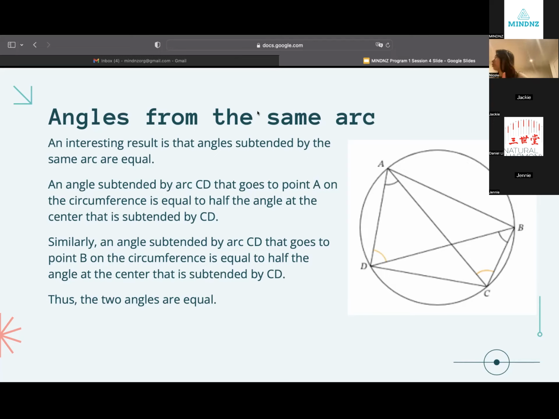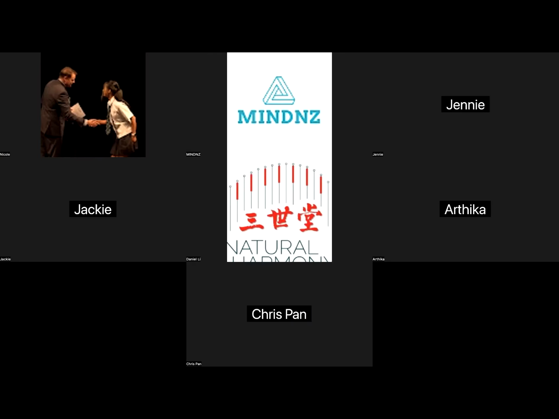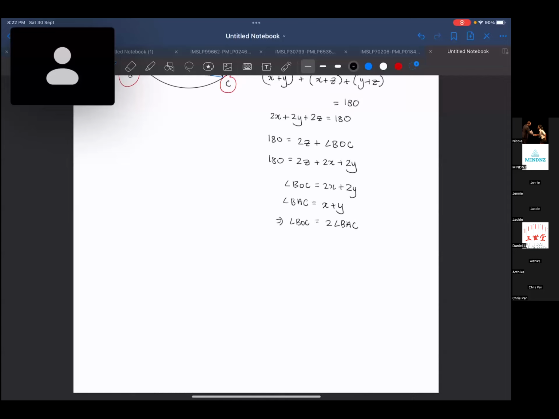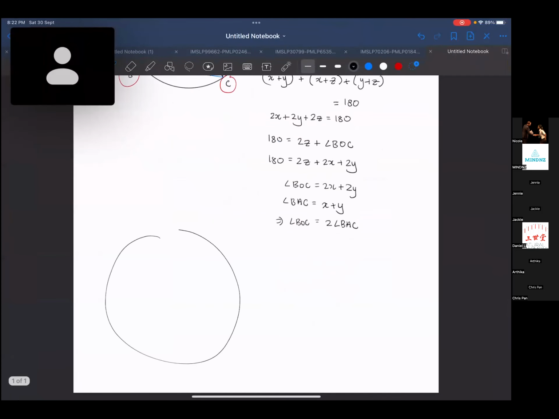So I'll just share my screen and then, of course, we can go through this in a bit more depth. Okay. You can see my screen, I hope. Okay. So when we have an angle subtending an arc, we're referring to the arc that might be like this, right?